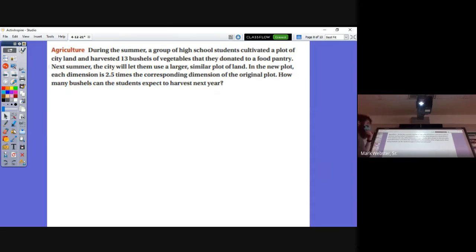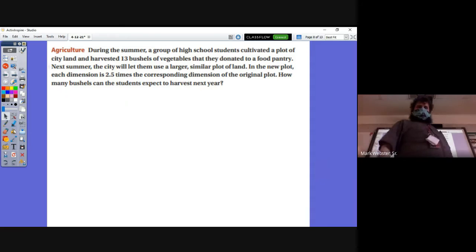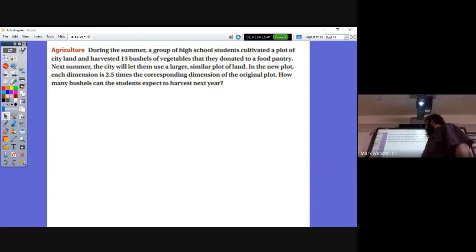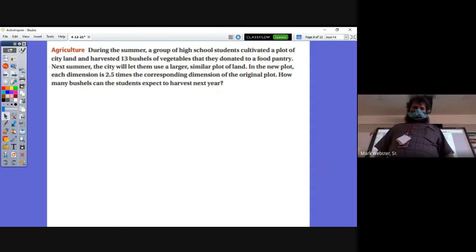Here, now we're in a sort of application-type problem. People are making a vegetable garden to donate vegetables to charity, which is wonderful. They get some extra money, and they have the ability to obtain a larger plot of land on which to grow their vegetables.